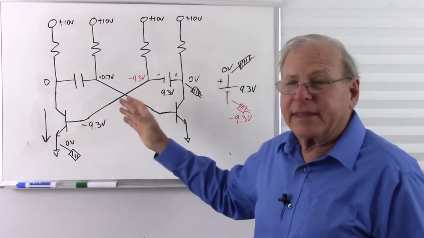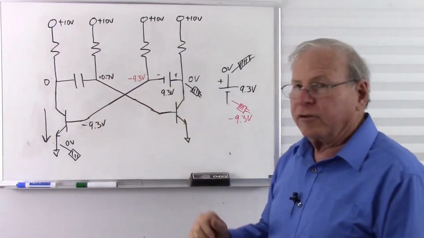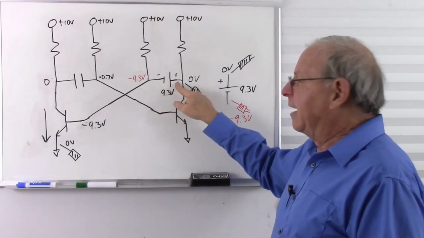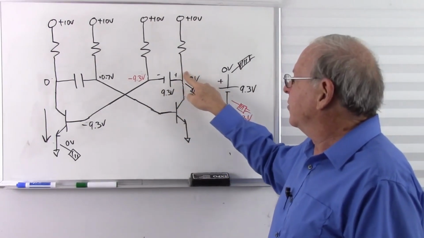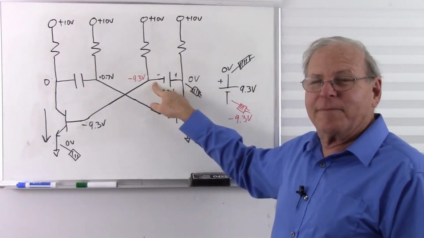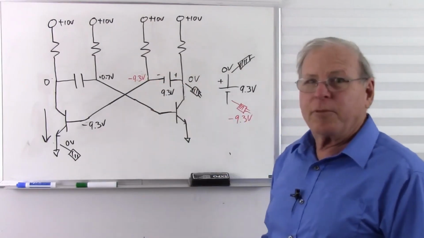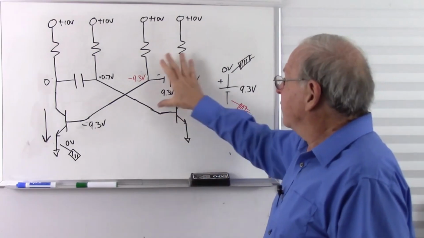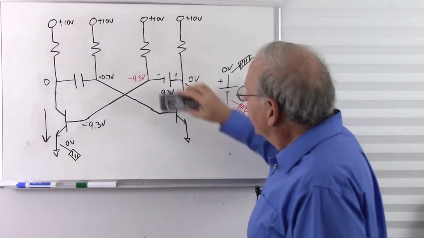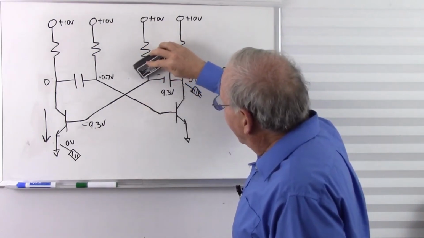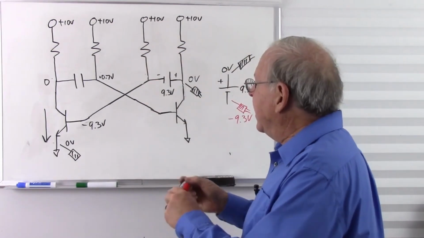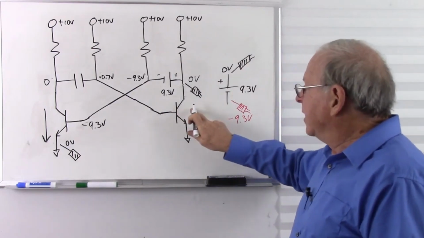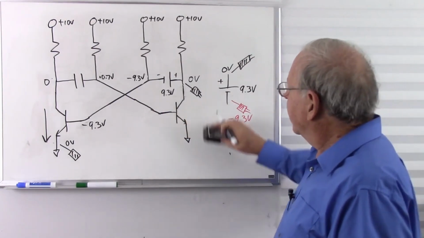So you'll be reading about that negative voltage being presented to the transistors, and it sounds like, how could that happen? It happened because I have a 9.3 volt battery. I put the positive at 0 volts. The other side is going to be lower, negative 9.3. Nothing spectacular at all. It's just the way voltages work. So that is why we get a negative voltage at the base of our transistor when the opposite transistor turns on.